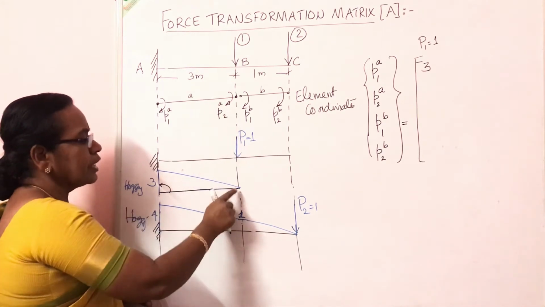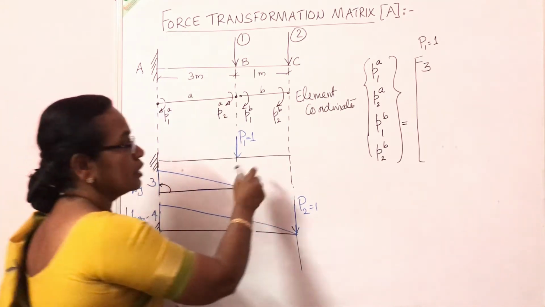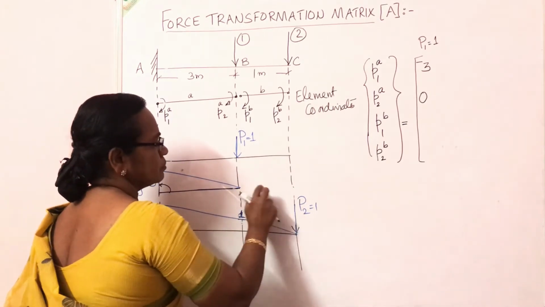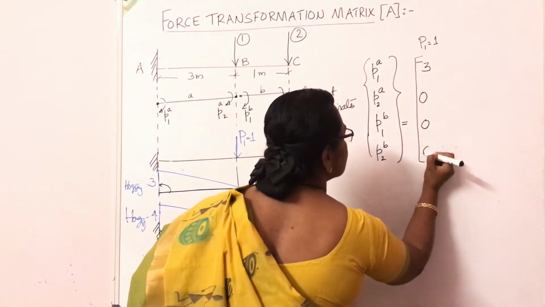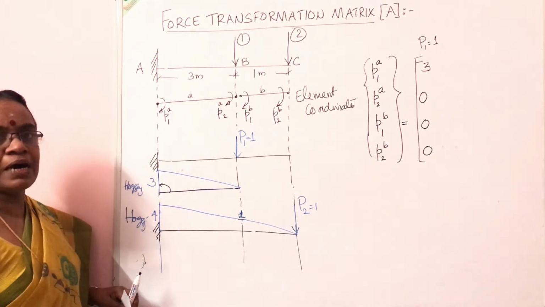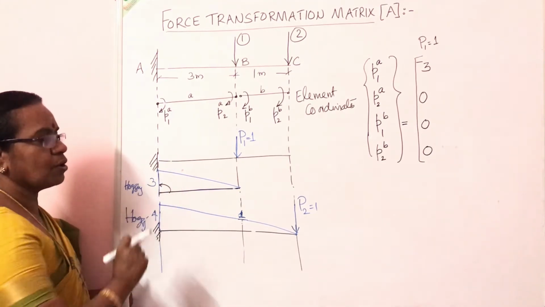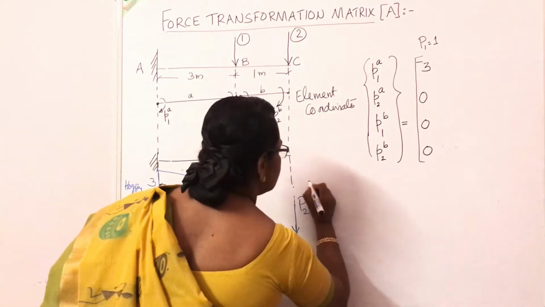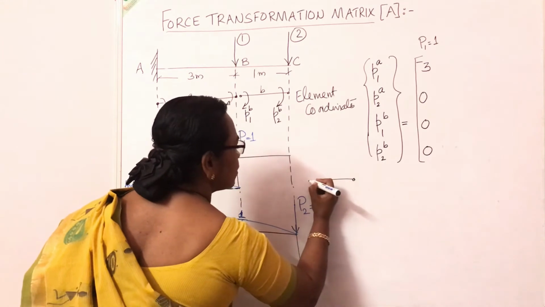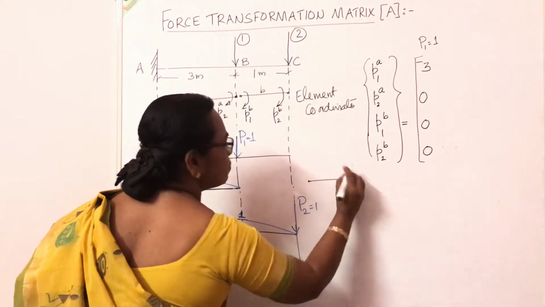Thus, at the end 2, the bending moment is 0. For the second element, there is no bending moment value, so it is 0, 0. That is one way to mark it, from the base to the ordinate. Otherwise, what is a hogging moment? A moment which tends to bend the beam up.